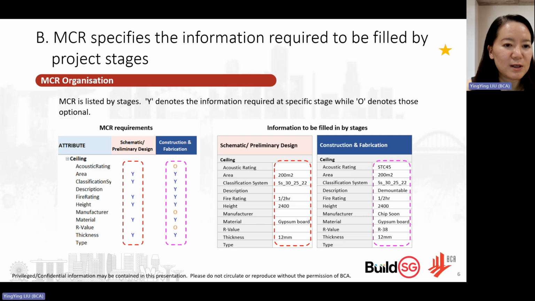For example, for the ceiling at the schematic design stage, there is a Y indicator for area and classification. In the table on the right, project teams fill in 200 square meters, the classification code, and other information accordingly. For the construction and fabrication stage, most of the information is required. Therefore, the project team fills in all this information for this particular stage.